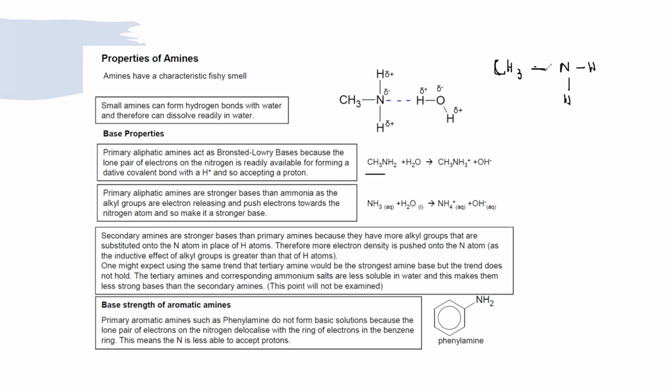But alkyl groups are electron releasing, so they have a tendency to shift the electron pair towards the nitrogen. So nitrogen will become more negative. So now it has a greater tendency to accept a proton. So it is a stronger alkali, aliphatic amines as compared to normal ammonia.